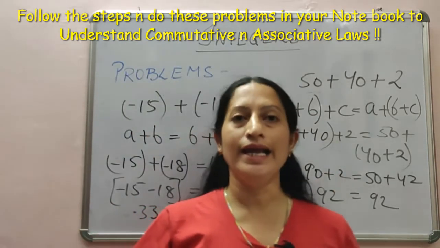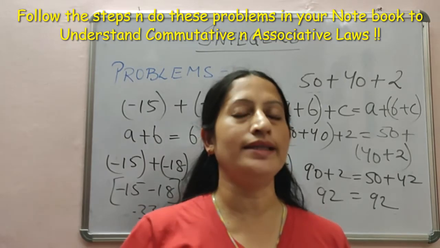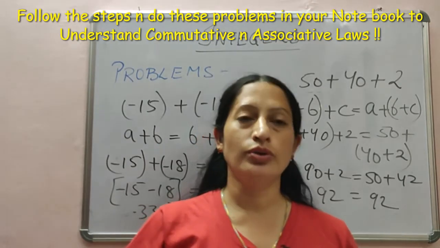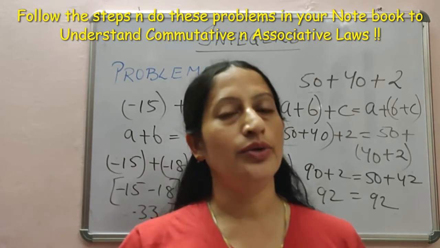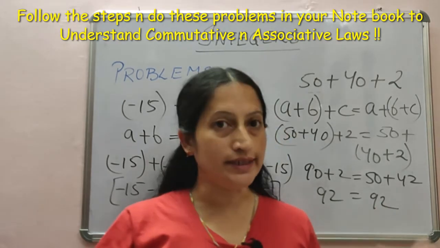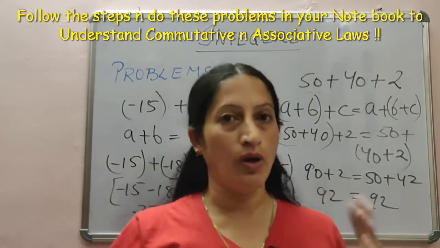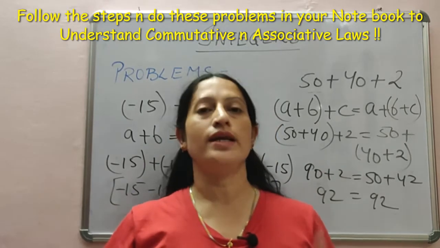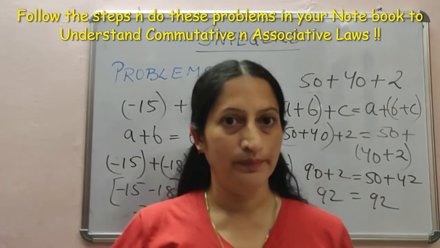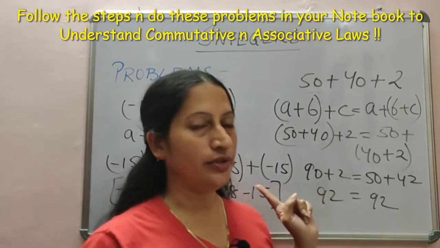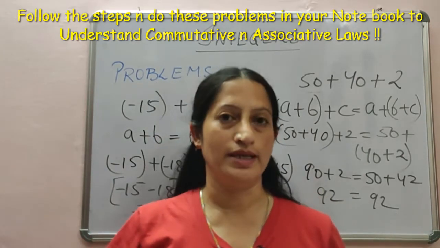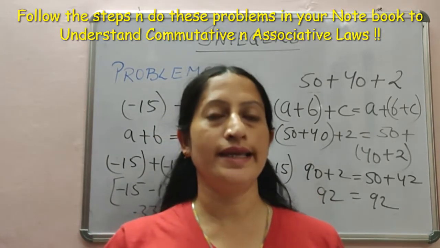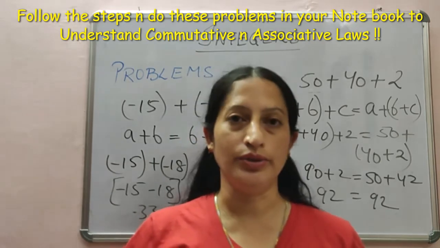Like this I'll show you with the negative signs now some questions, so that you can understand your addition of integers along with the laws, that is associative law and commutative law. It should be clear to you by these problems. So stay tuned and let's see more questions and do it.